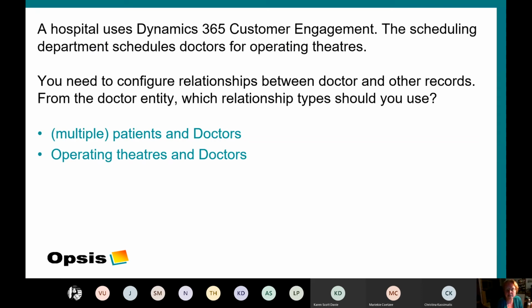But you obviously can't expect any one doctor to work 24/7. So that one would definitely be many to many, and the interfacing relationship or entity is probably some form of schedule where we'd say, well, operating theatre 1 has got Dr. Smith in it on Monday morning, and then operating theatre 1 has got Dr. Jones in it for Monday afternoon, and so on and so forth. Does that make sense?